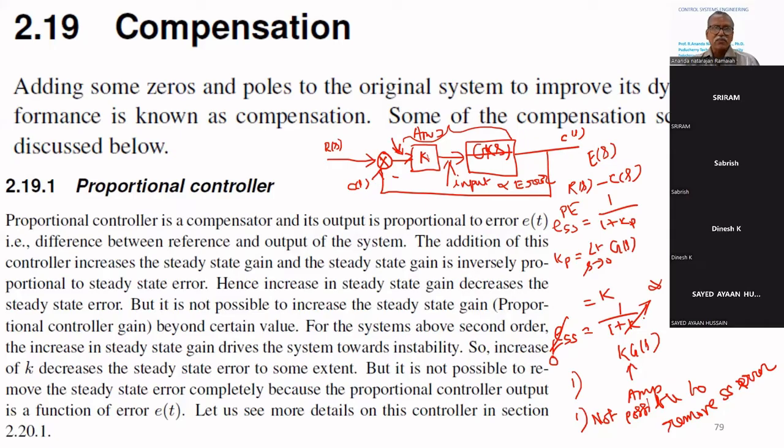If we make it infinity, then only for a type 0 system will the error become 0. But we can reduce the steady state error. As K increases, the steady state error decreases.